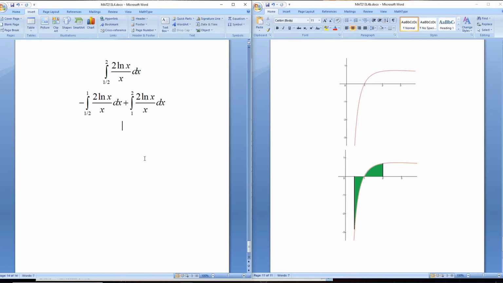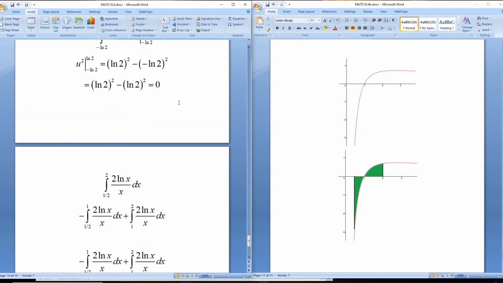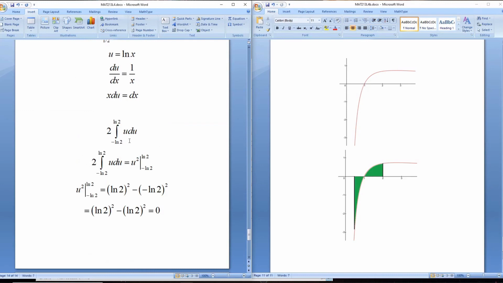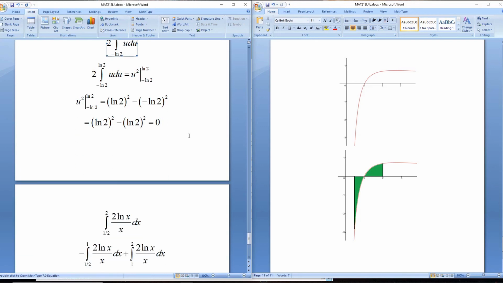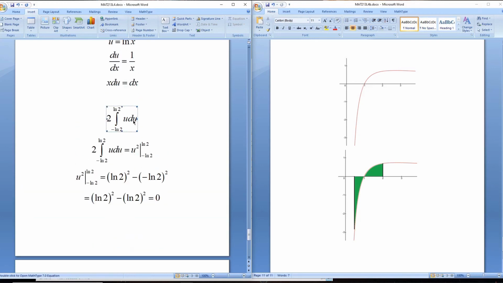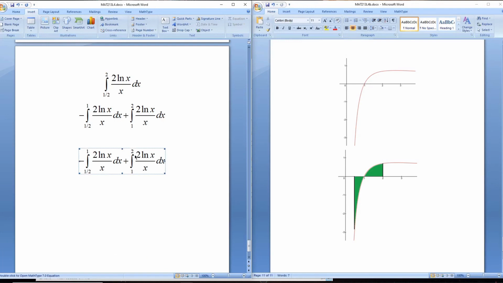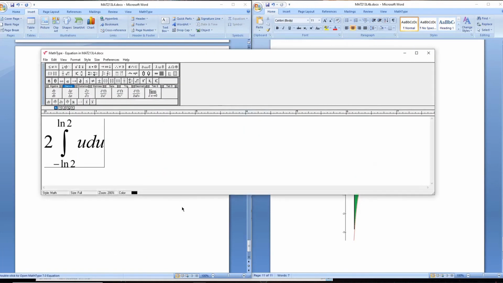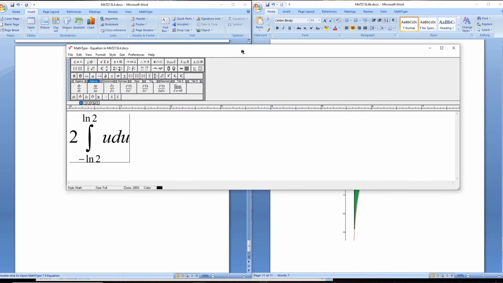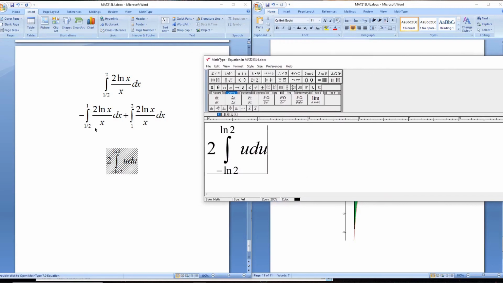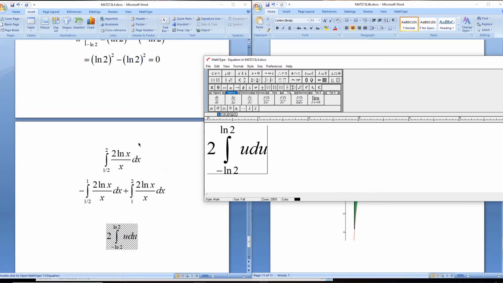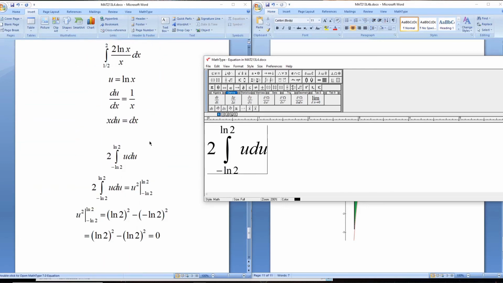And now we'll do our u substitution on this. So again, it's something we already did. This integral becomes this u substitution, so it's just the integral of u du. So actually, why don't I just copy that one? And so we're going to go from a half to 1. That's in terms of x.